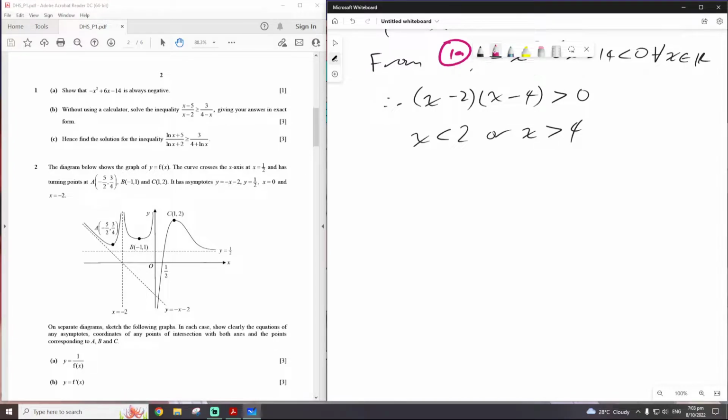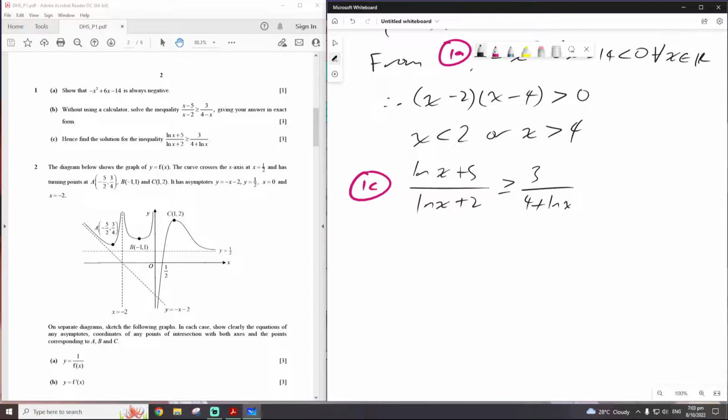Part 1c, find the solution of the inequality (ln x plus 5) divided by (ln x plus 2) greater than or equals to 3 over (4 plus ln x). Can you see the connection between the two parts?